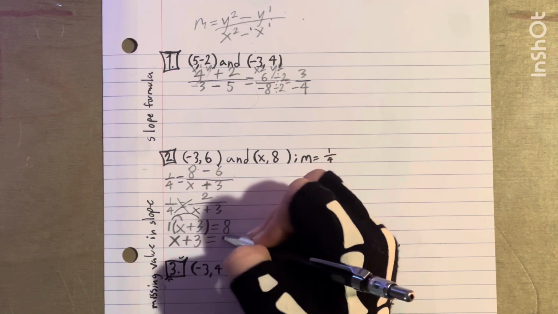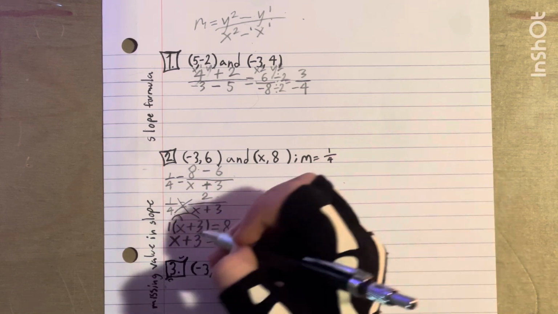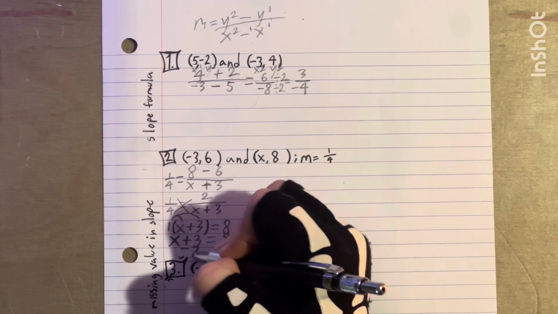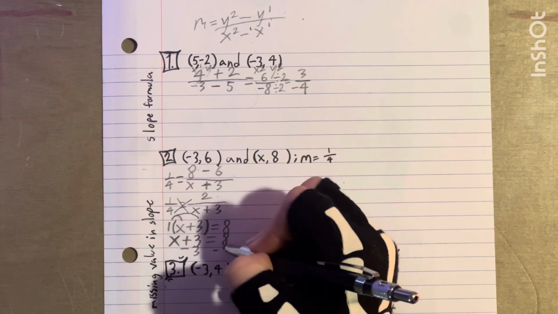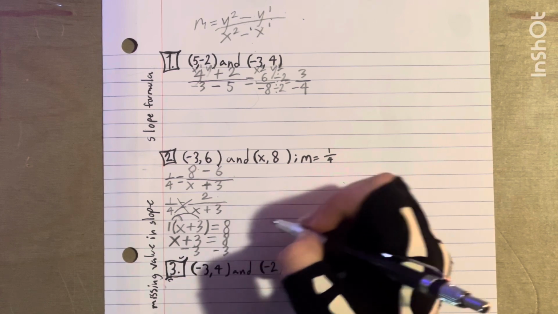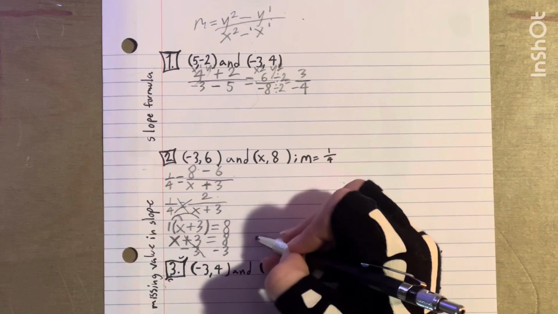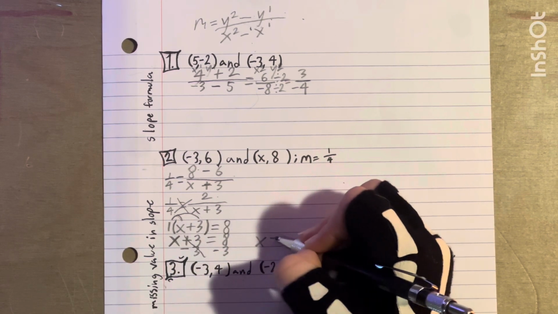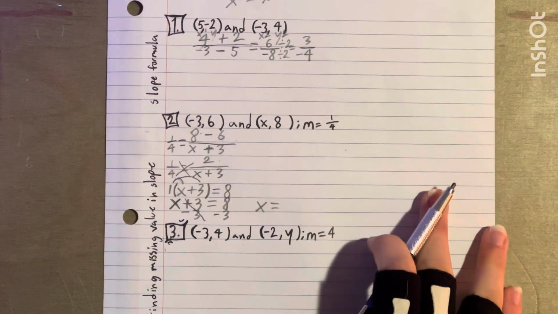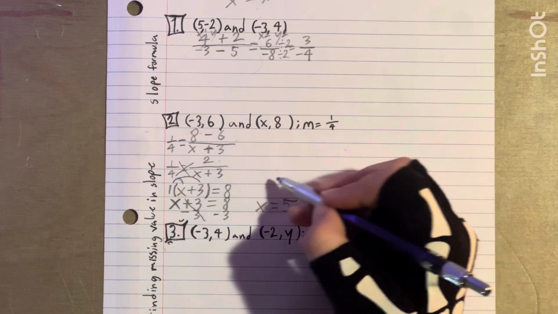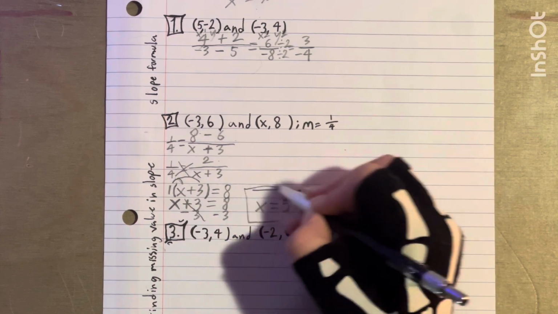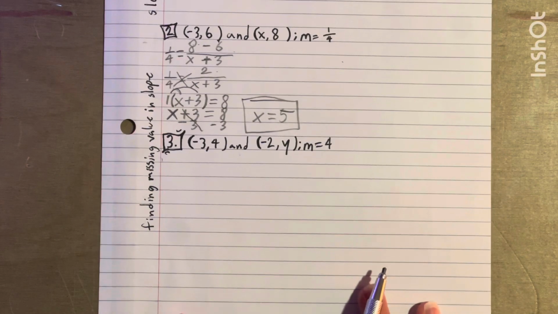Which equals 8. Then you subtract the 3 from both sides so that you can get x by itself, and that makes x equal 5. Ta-da!